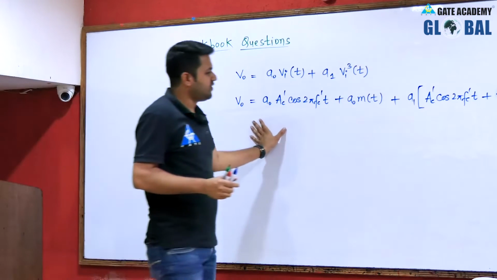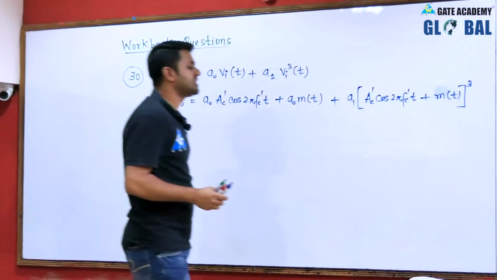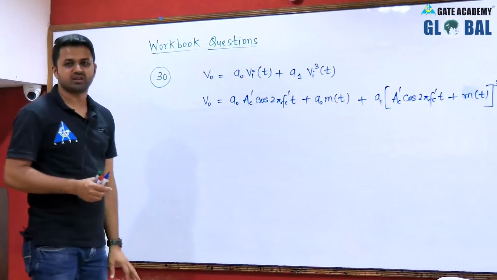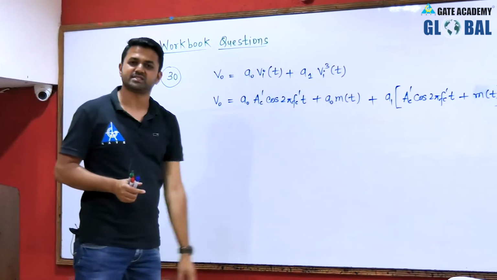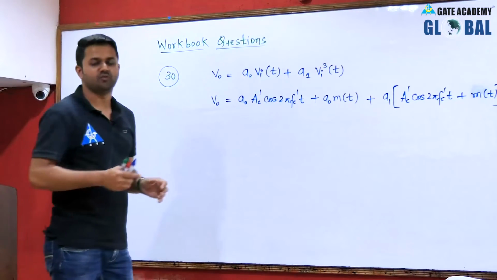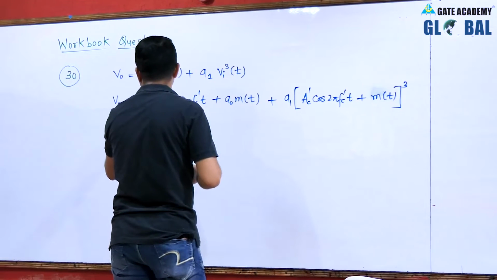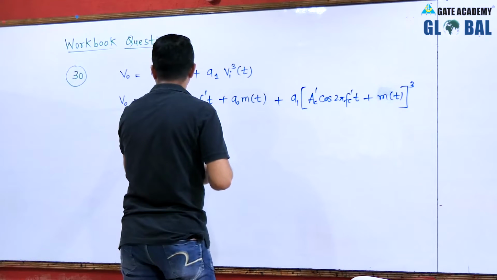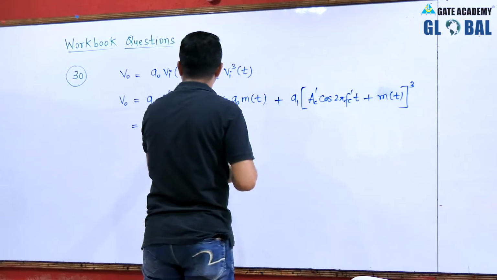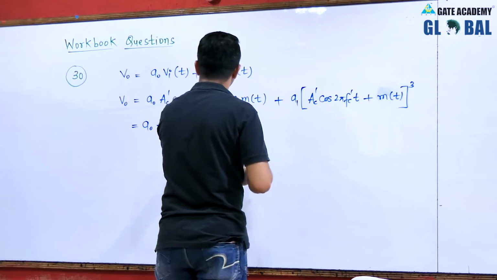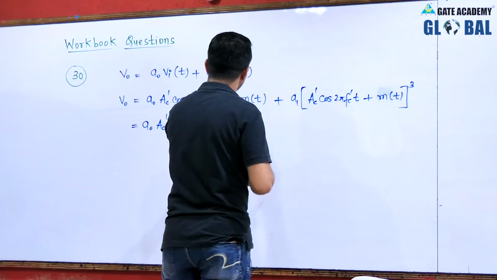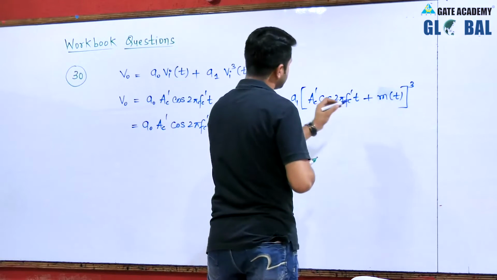So, first of all, what are the frequency components present in this particular signal V0? For that we have to expand this signal and then take the Fourier transform. If I expand this, I get a0 Ac' cos 2π fc' t plus a0 m(t), plus a1 times (A plus B) whole cube.